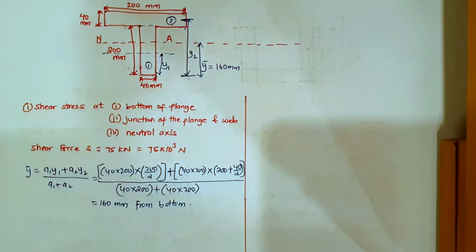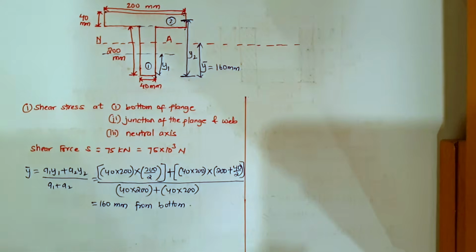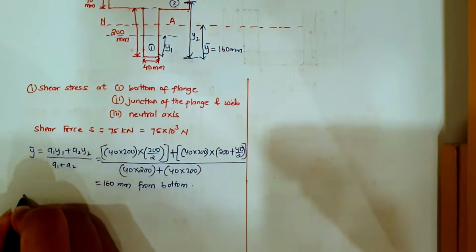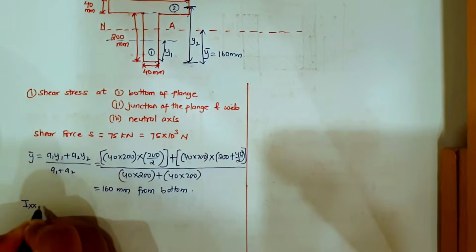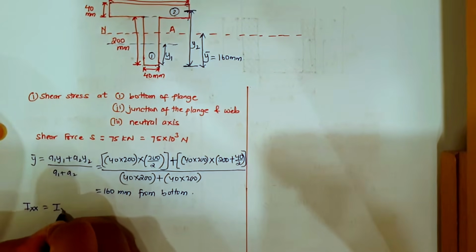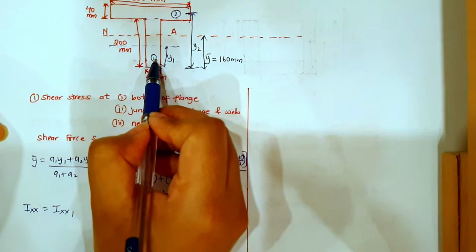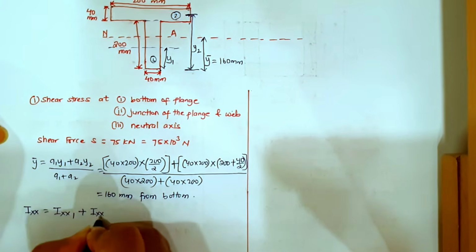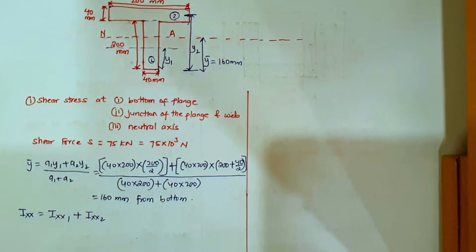Okay, now let us find moment of inertia. To find moment of inertia for this section we need to use the parallel axis theorem. Ixx will be equal to Ixx1 of this section 1 plus Ixx2 of the second section.